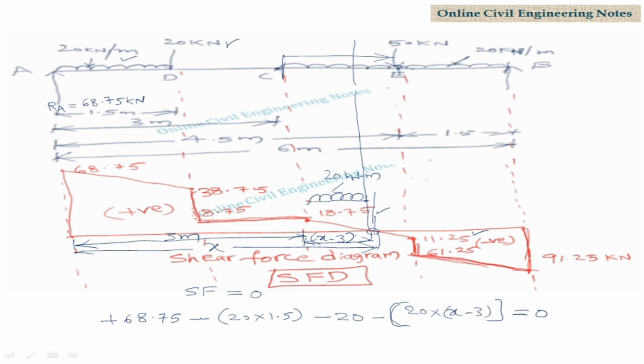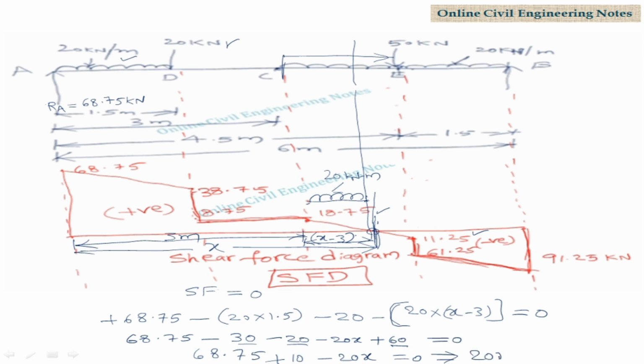We have written all the shear forces with respect to this point. Shear forces left to this point: 68.75 minus 30 minus 20 minus 20x plus 60 is equal to 0. 68.75 minus 50 plus 60 plus 10 minus 20x is equal to 0. 20x is equal to 78.75.